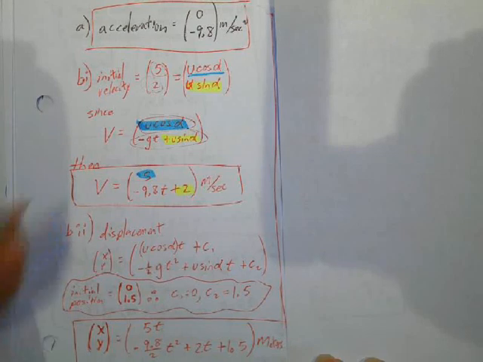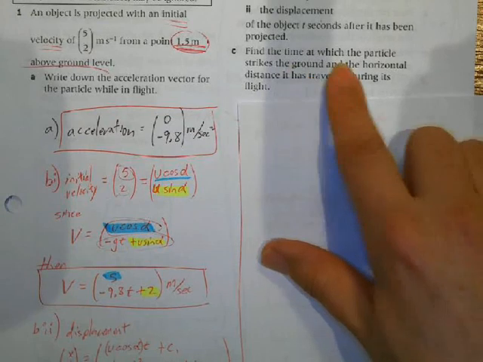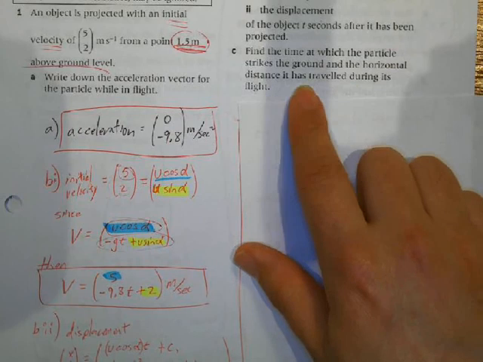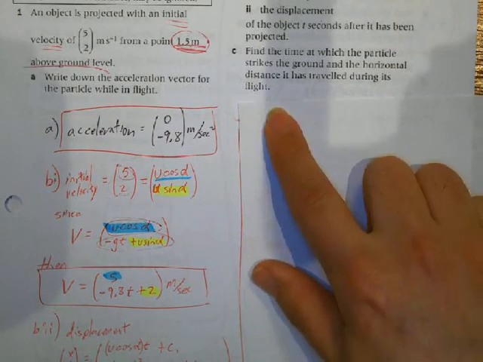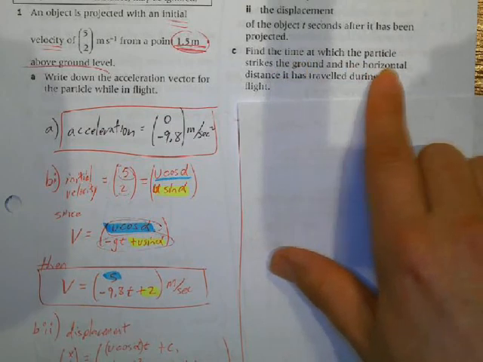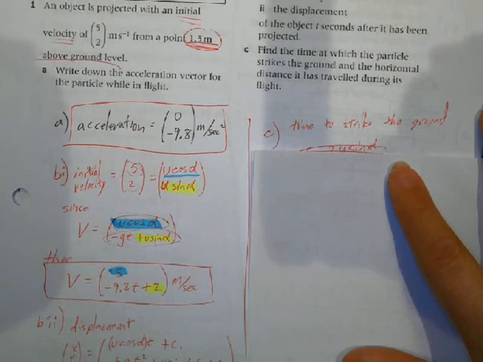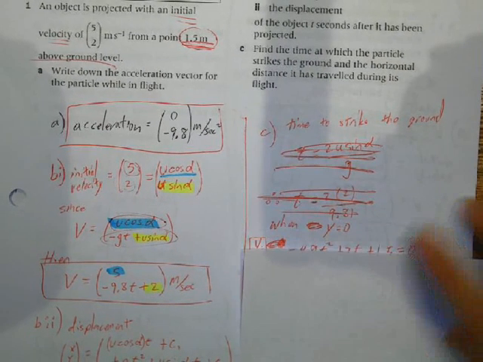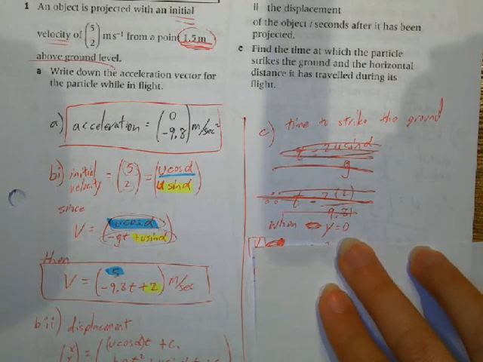Question C now. Find the time at which the particle strikes the ground and the horizontal distance it has traveled during its flight. The time it strikes the ground is when y equals 0.